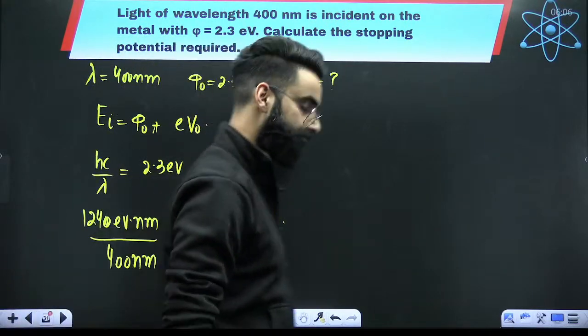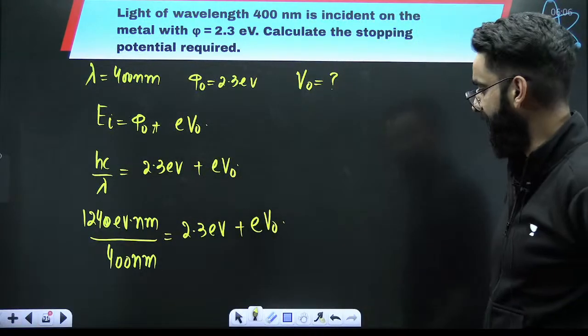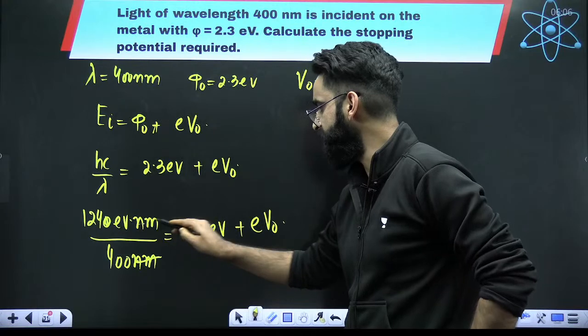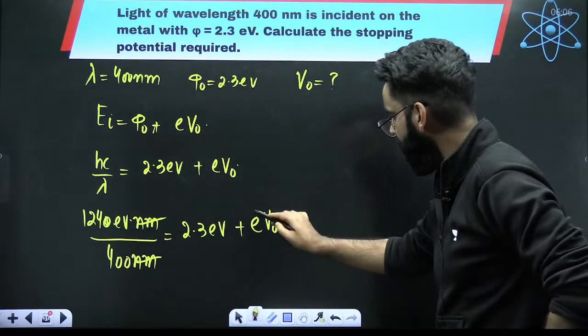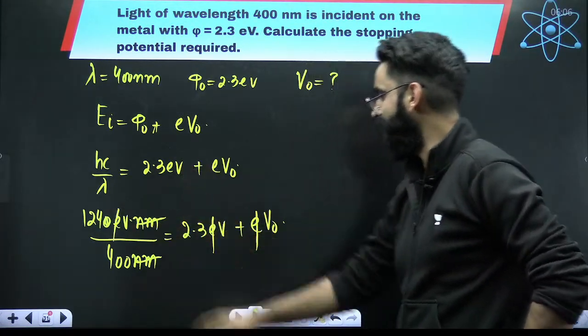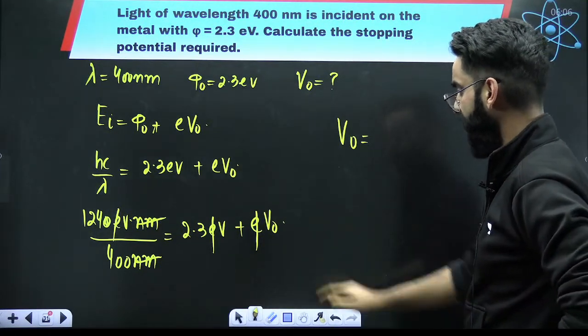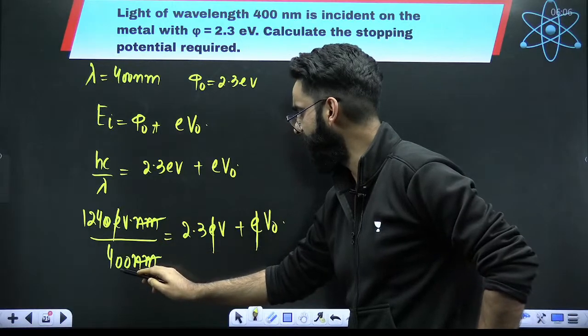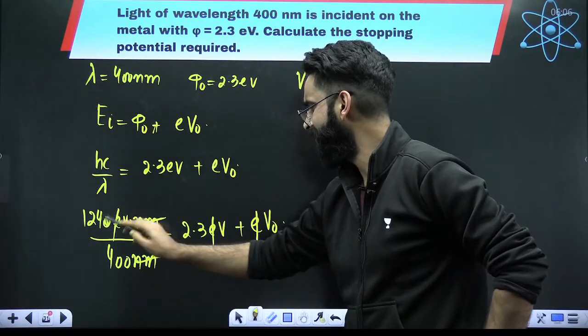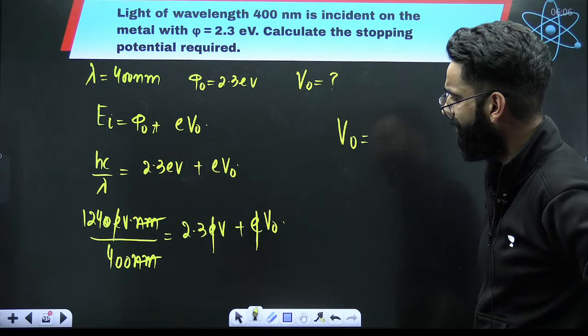Perfect, guys? Now see what all things I'll be cancelling here. Nanometer, first of all, cancelled. This e, in short, cancelled. So what do I get? I get V0 is equal to, this particular term will be how much? This will be approximately 3.1.